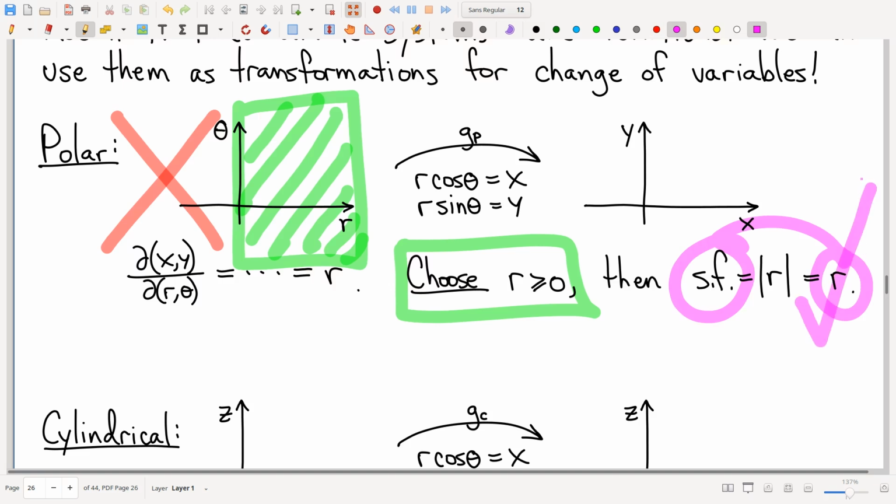We've eliminated the absolute values. This is a nice benefit, and it is well worth the cost of having to sacrifice, let's face it, negative values of r. We never liked those in the first place, right? It was always kind of annoying. So, small price to pay. Big benefit of losing the absolute values.